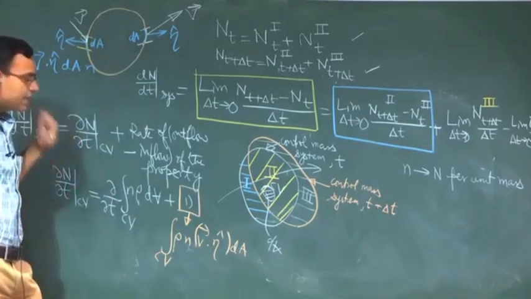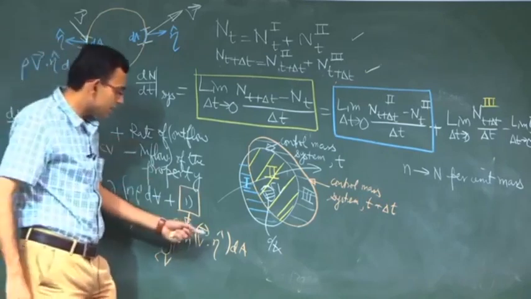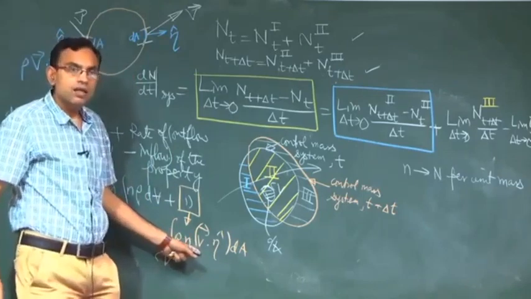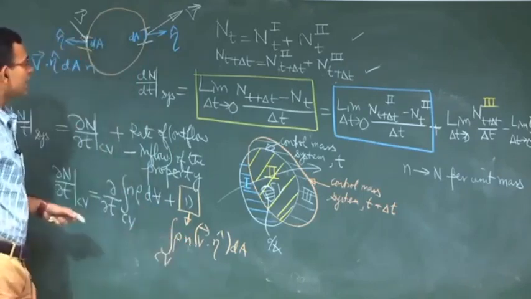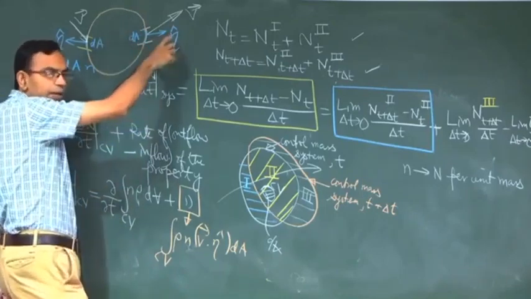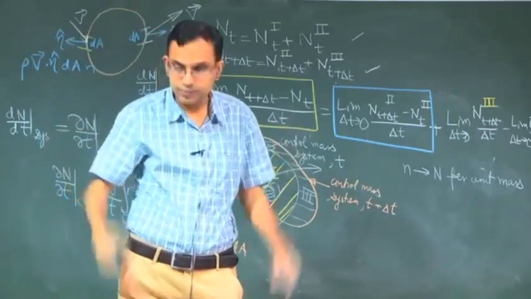There is another subtle point that is missing till now: what is this V? Let us say that this control volume is moving towards the right at 1 meter per second, and this control volume can move, it can deform, it can do anything.